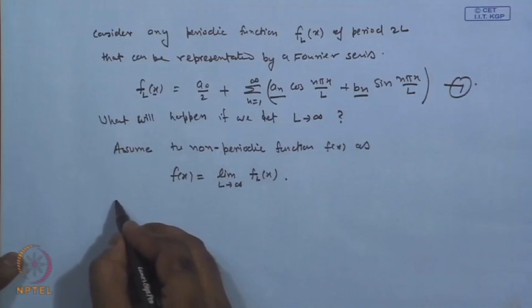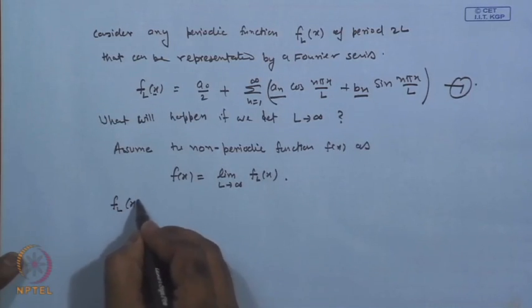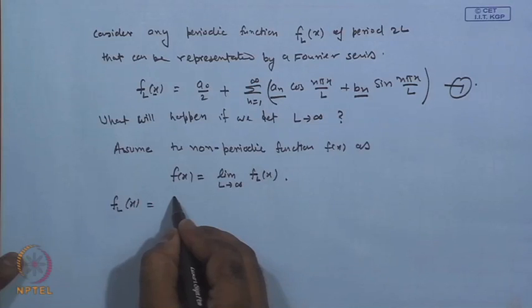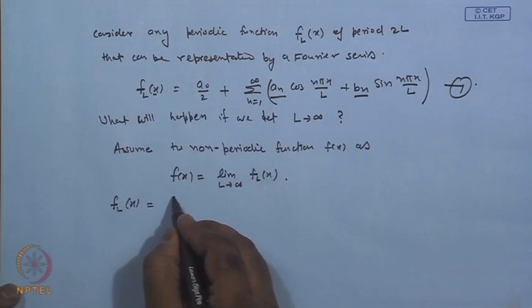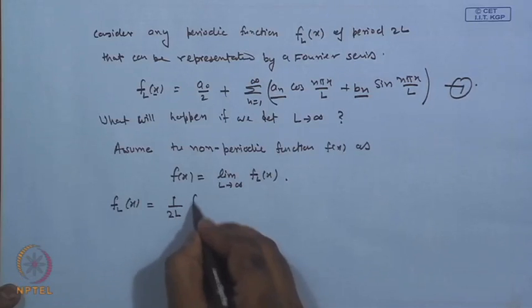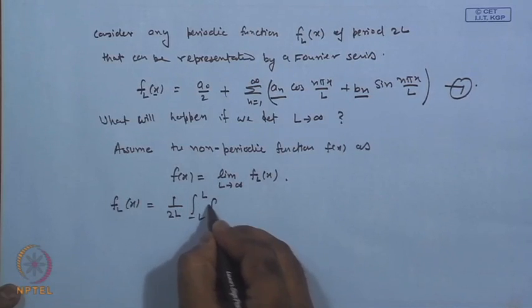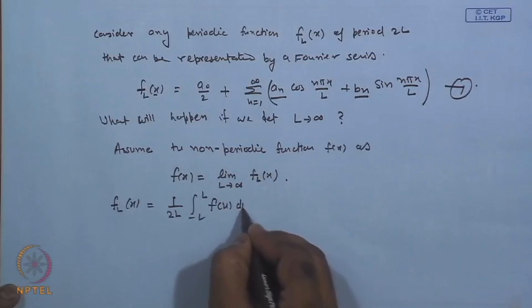into the function. So, what we have is that this f_L(x) is a_0, so 1 over 2L, integral from -L to L of f(u) du.